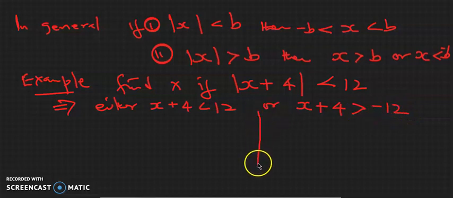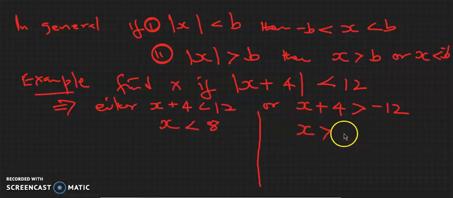If x plus 4 is less than 12, then x is less than 8. On the other side, x plus 4 is greater than negative 12, then x is greater than negative 16.